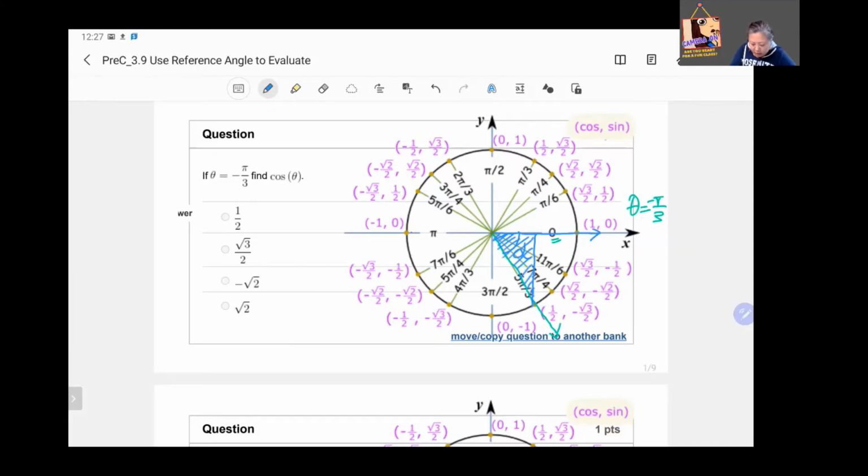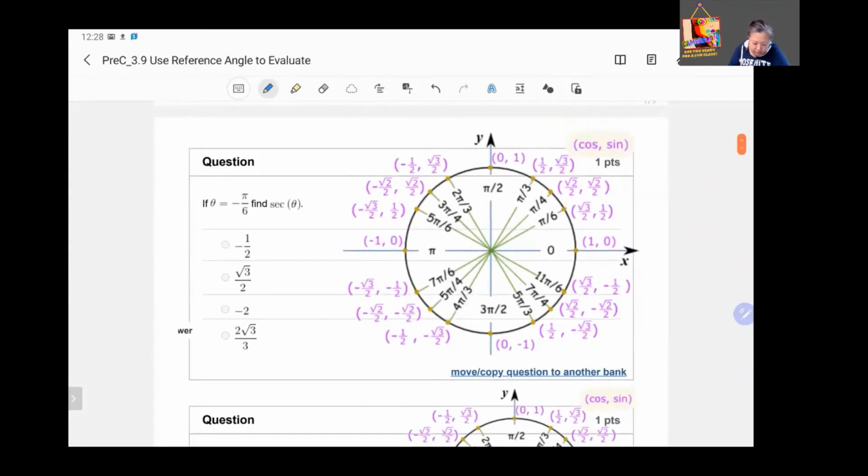Then it secures us to use the coordinate of the position. Here, cosine is again what? The x coordinate right here, and then the answer should be positive 1/2. Any questions? All right, it's good.